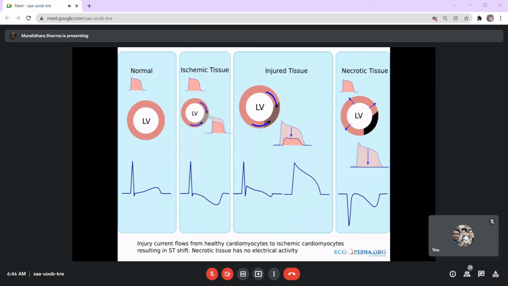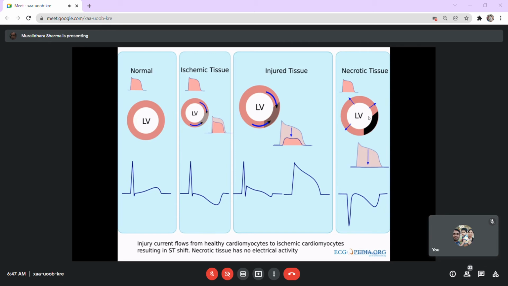Now, with normal conduction, you will have a normal T wave. In a case of an ischemic cell, because the cell behaves abnormally, an abnormal current is formed, and this current produces the ST segment changes. When it is injured, the tissue is moderately ischemic, the cell is alive and still has a membrane potential, but it doesn't have a proper action potential.